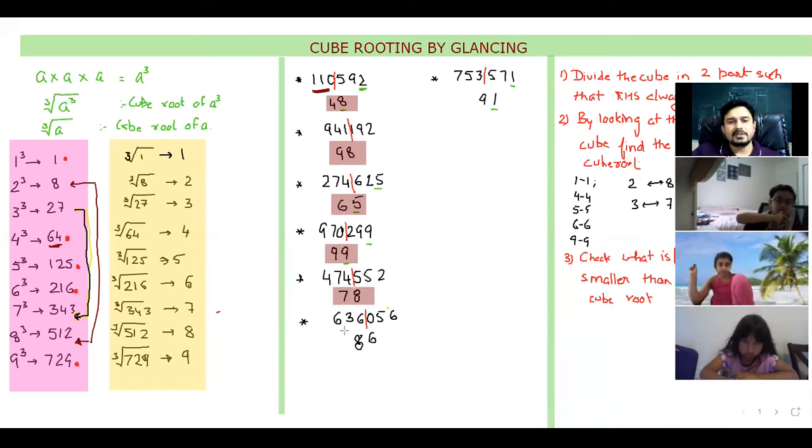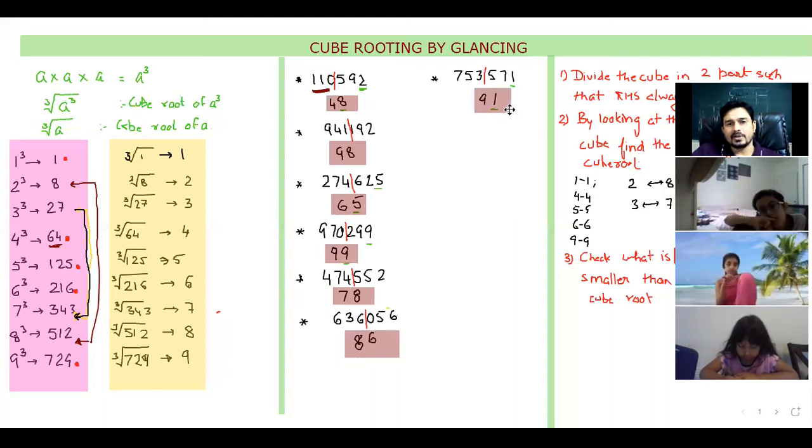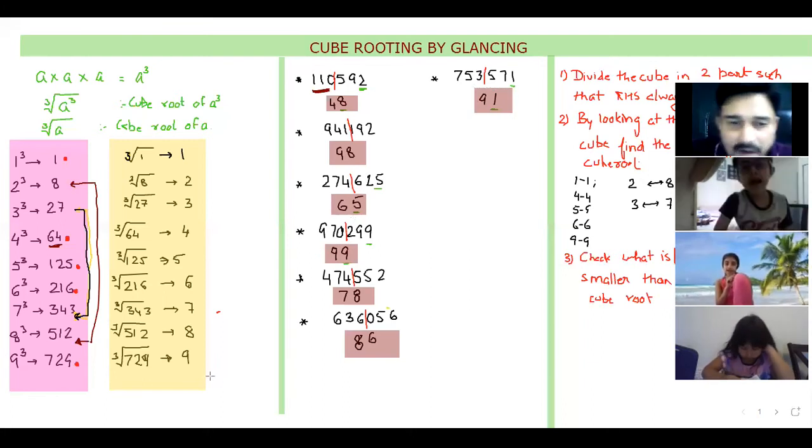Next, 636. The perfect cube smaller than 636 is 512. It is 8. The perfect cube smaller than 753 is 729, and cube root is 9. Got it?